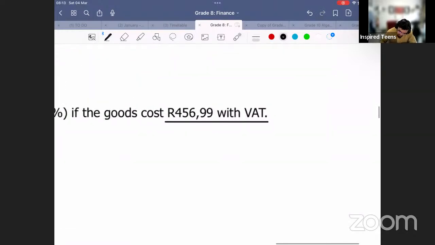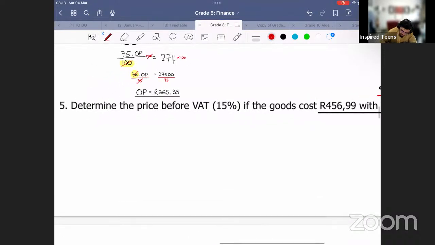Firstly, we need to denote that VAT is a percentage increase. That's the first thing. VAT is a percentage increase. So the formula that we're going to be using is for percentage increase. Percentage increase is equal to 100 plus the percentage value.